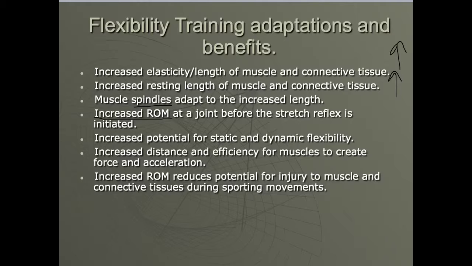Increased potential for static and dynamic flexibility. Increased distance and efficiency for muscles to create force and acceleration. That goes back to our technique and skills. And increased ROM reduces the potential for injury to muscle and connective tissues during sporting movements. So it's good for injury prevention as well.